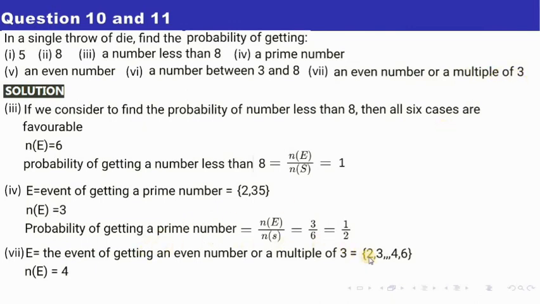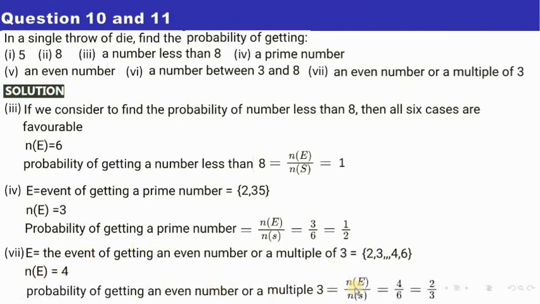Let us see what the even numbers are first. 2, 4 and 6 are the even numbers, and the multiples of 3 are 3 and 6. So 6 is already there, so we need not put that number in this particular set. 3 will also come in the set. So altogether how many elements are there? There are 4 elements in this particular set. So n(E) becomes 4. So my probability will be n(E) by n(S), which is 4 by 6. Do the cancellation, so your answer will be 2 by 3.